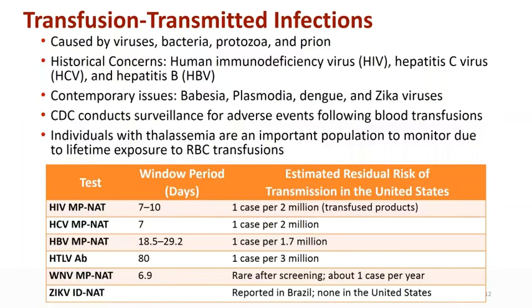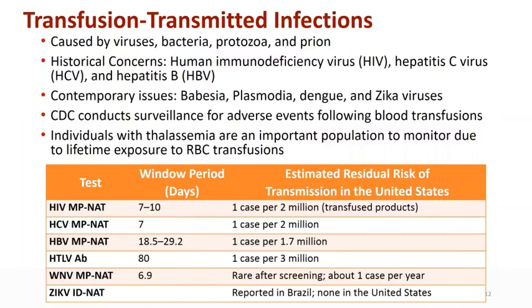Here you can see some of the CDC results using very specific nucleic acid testing or molecular testing and what the rate of infection is in patients during that safety window.